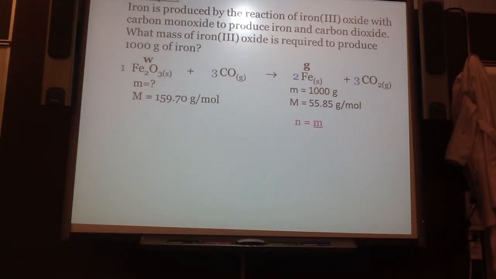Okay, so to find our moles of our given, we go n equals little m over big M. So 1,000 grams divided by 55.85 grams per mole.